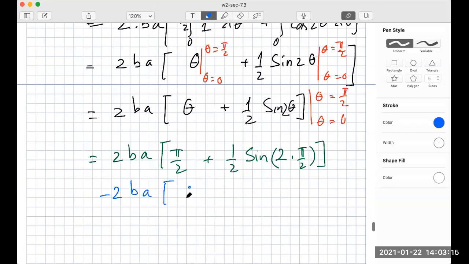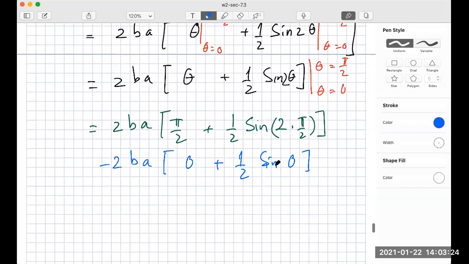This is 0 plus 1/2 sine of 0. Sine of 0 is 0. This is sine of pi, gives us 0 as well. And in the end, it will be pi over 2. Very good. Is it clear? Any questions so far?